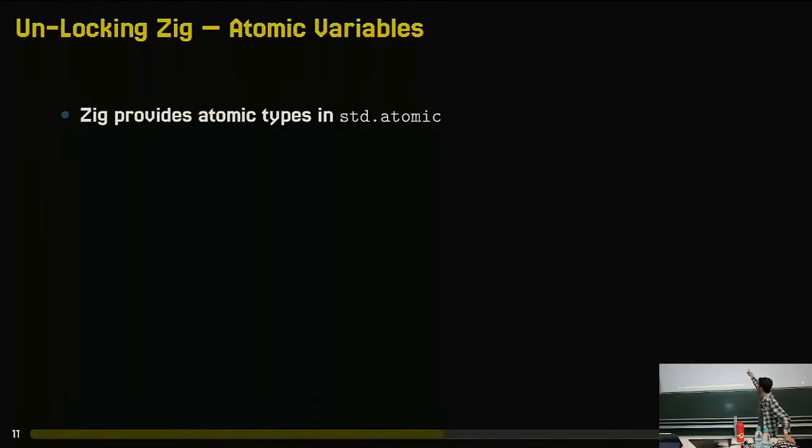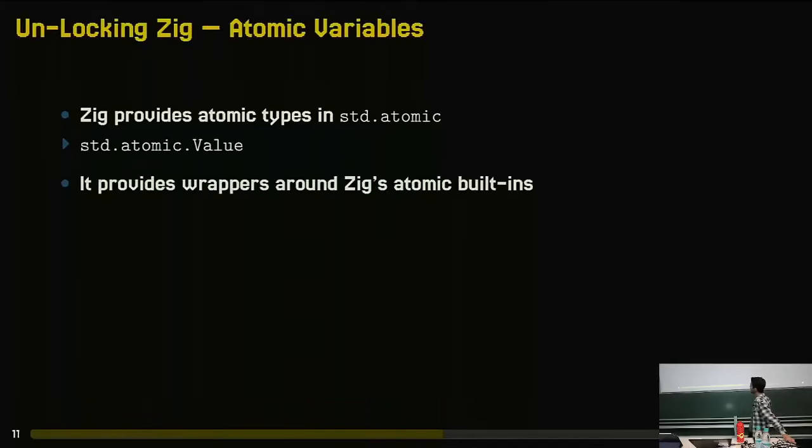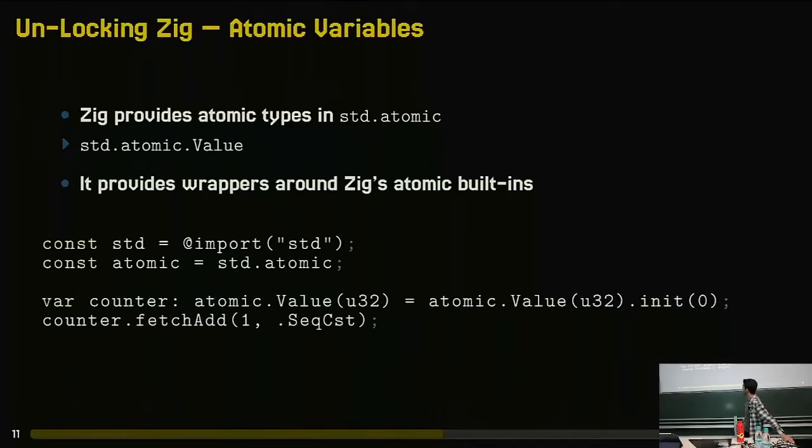Zig already provides std.atomic, which contains an atomic value, which, for example, has, first of all, an init function where you can set the initial value, and then fetch and add would be getting the current value and adding the first argument to it, so we would just increment it.